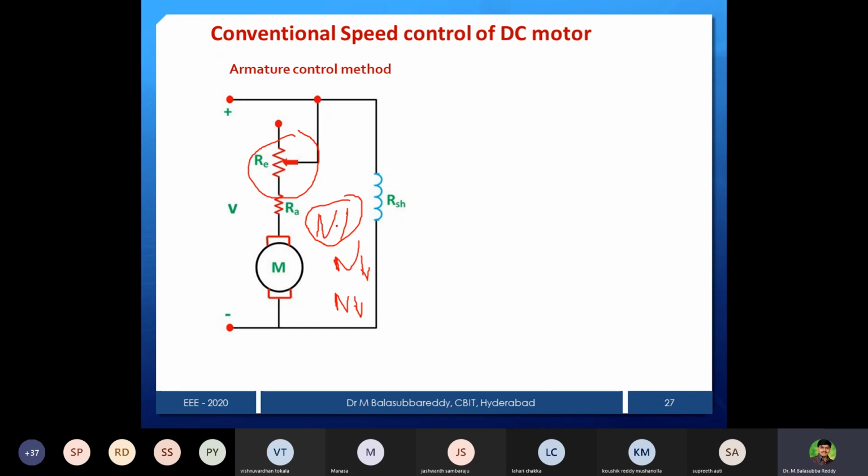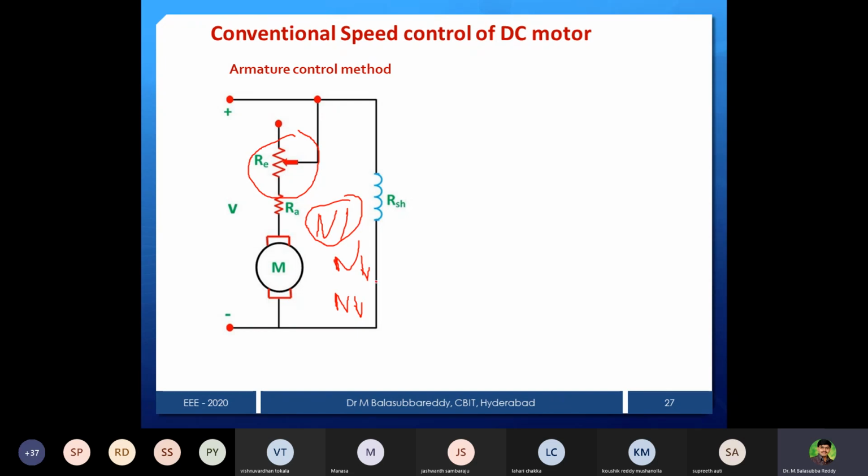From this, one thing to notice is that by adding resistance, speed decreases, and if you add more and more resistance, you won't pass any voltage because everything goes to the drop, and the speed will be nearly 0. And the maximum speed is, if you disconnect this rheostat, rated voltage will be applied across the machine, and you will get the rated speed.